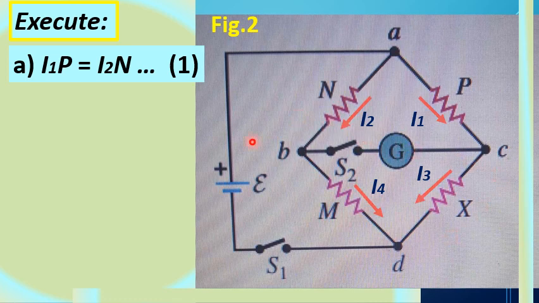So we say their voltages must be equal. That's why we are able to say that I sub 1 times the resistance P is equal to I sub 2 times the resistance N. And we denote this as our equation number 1.